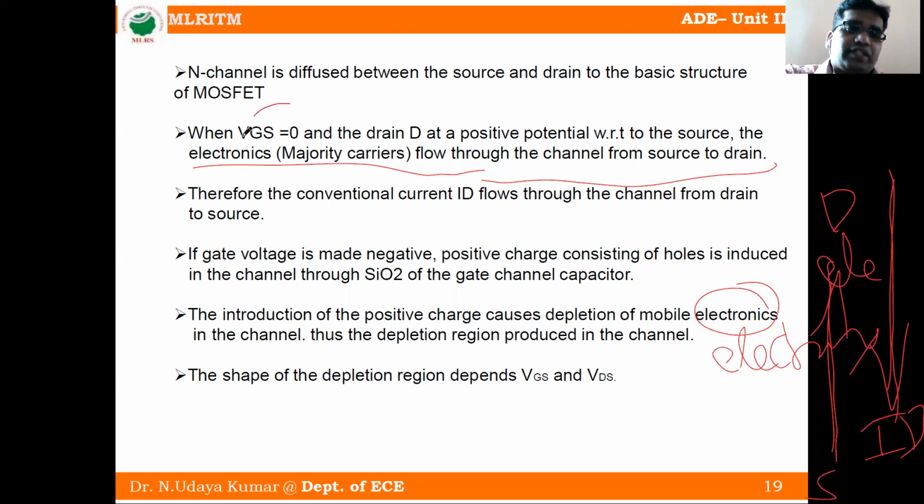So the shape of the depletion region depends on VGS and VDS. First, when VGS is equal to 0, drain current flows. Whenever VGS increases or decreases, the shape of the depletion region depends upon the VGS voltage and VDS voltage.